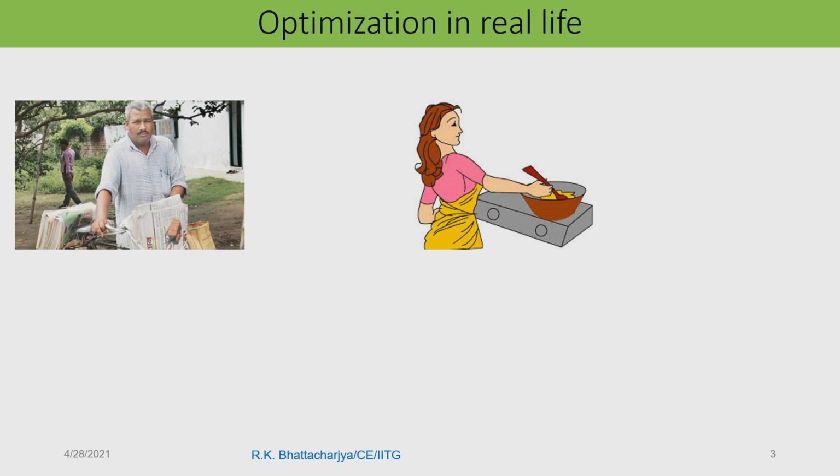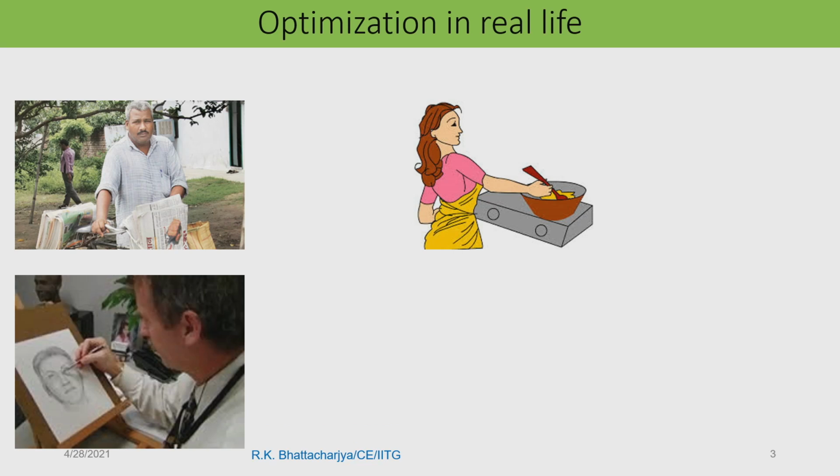There is no obvious link to optimization, but during the process of preparation of this particular recipe, she might be using some optimization technique, and I will explain how she is actually solving an optimization model.